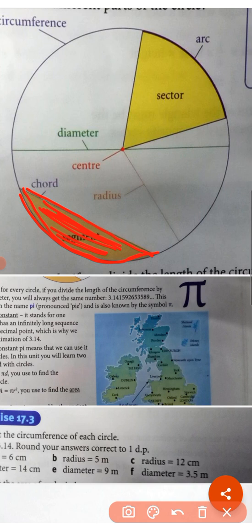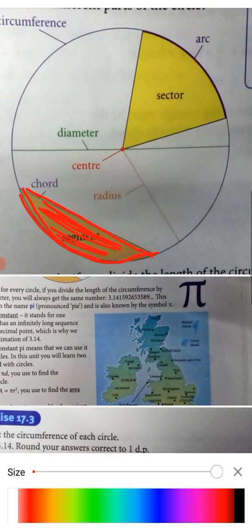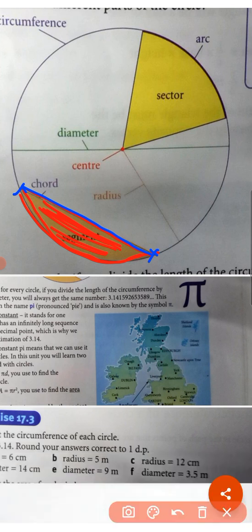A line segment connecting two points on a circle is the chord. Here, children, this line connects these two points. So, this is known as chord. These two points are on the circle.